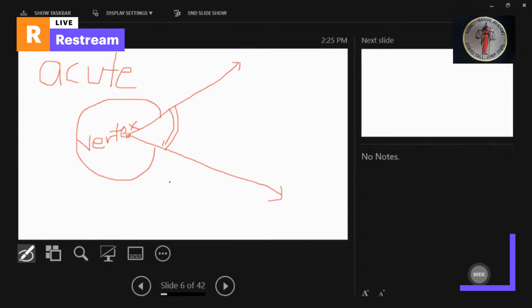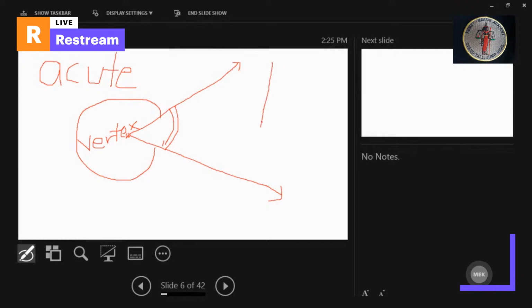Depending on what our focus is, if we're focusing on this area, and it was partitioned off in, let's say, a triangle, we would say this is the interior angle, and then this one would be the exterior angle, the one on the outside of our focus.